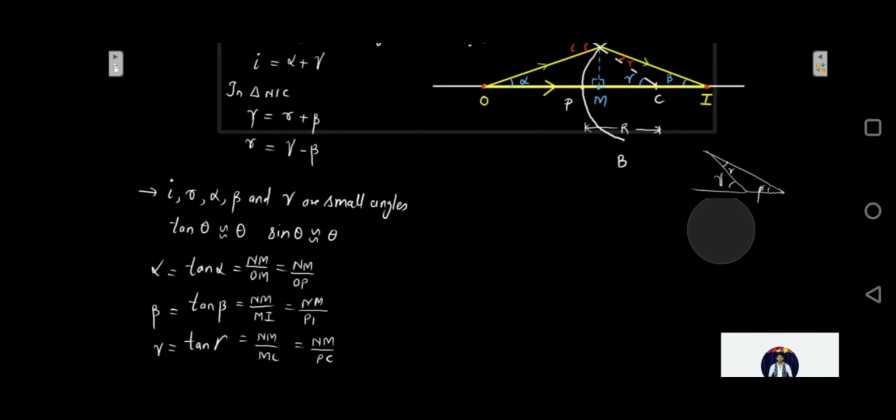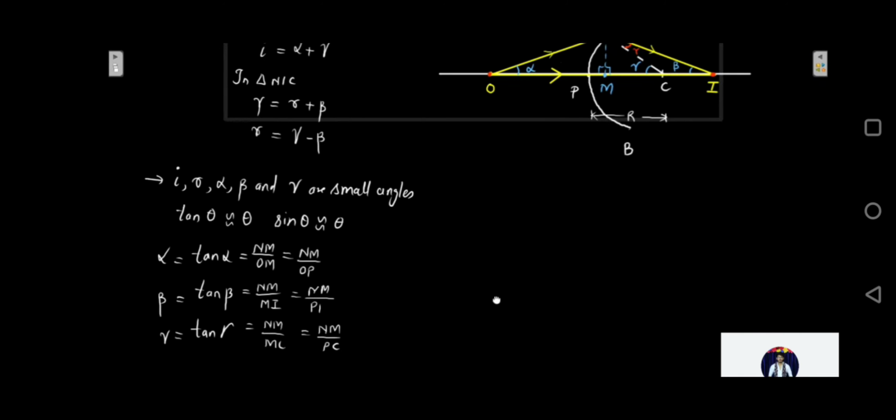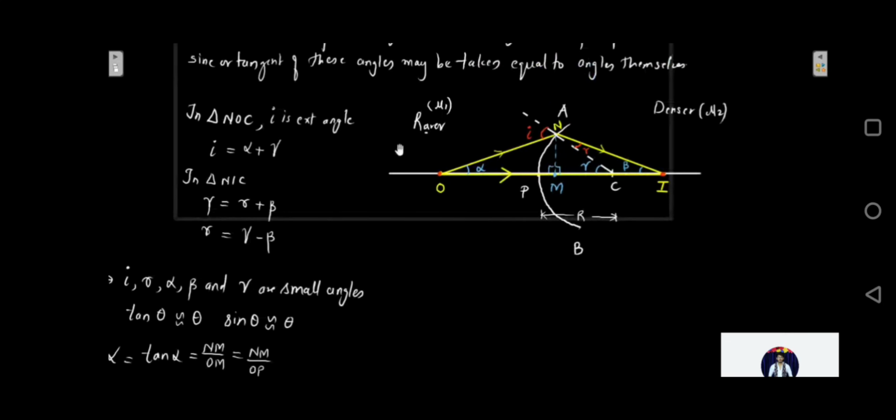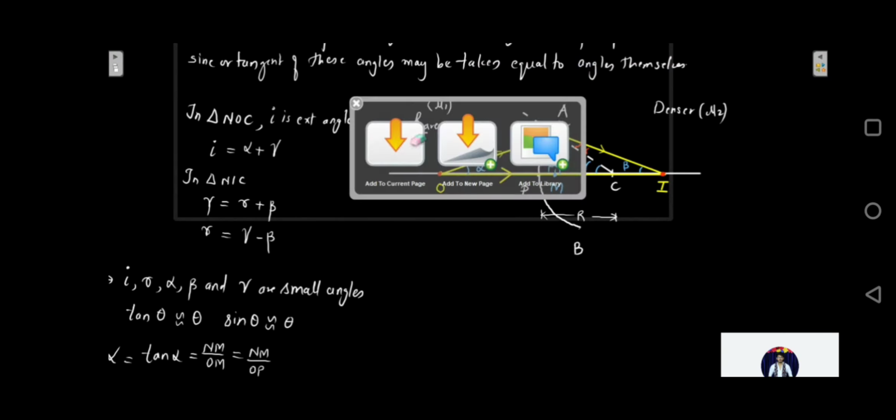So Snell's law is sine of I upon sine of R is equal to, before that let me just copy paste this down, because we are going to use it again.